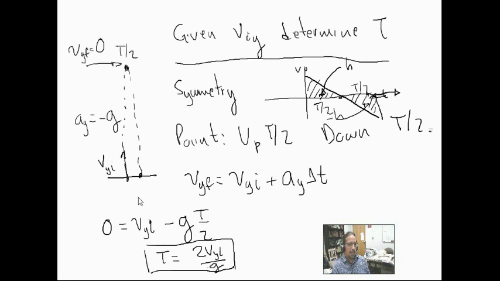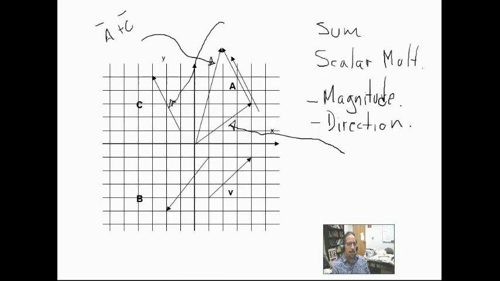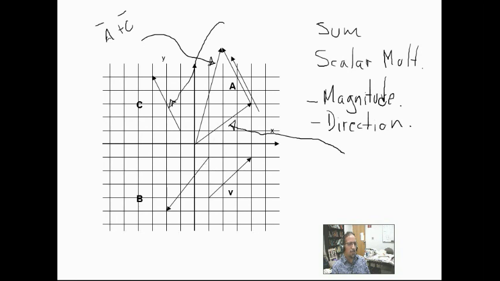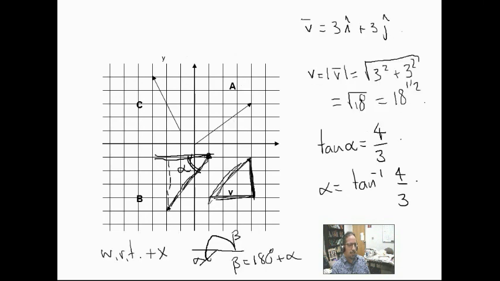Remember that we have vectors, and you should know the key operations with vectors. You should know how to carry out sums and scalar multiplications, and you should also know how to calculate angles and magnitudes for those vectors.